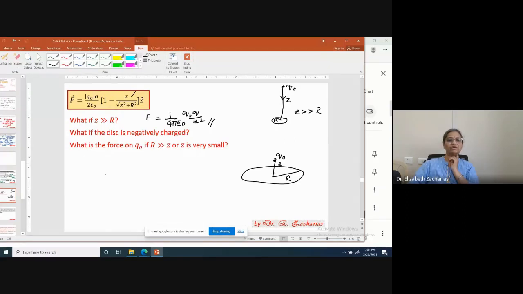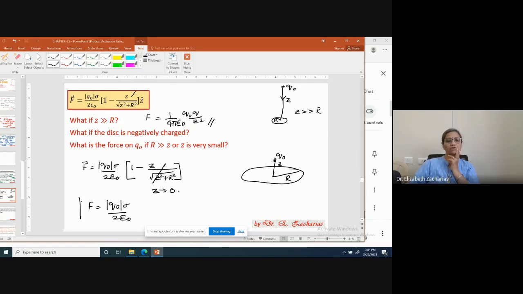If R is much, much greater than Z, you can show that F will be equal to Q naught sigma by 2 epsilon naught, and then here you will have 1 minus Z divided by under root of Z square plus R square. Okay, since Z tends to 0, this term will disappear. Therefore you will get force is equal to Q naught sigma by 2 epsilon naught.